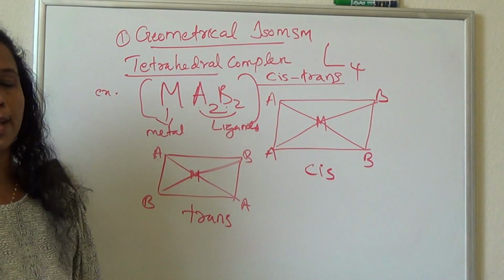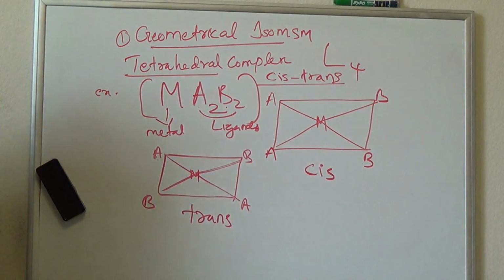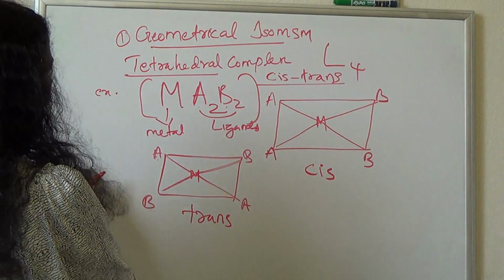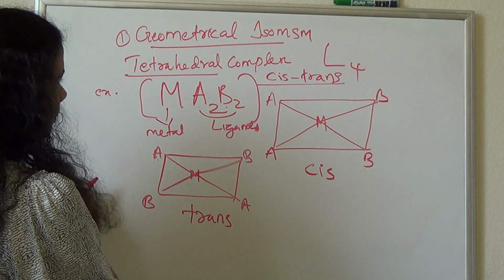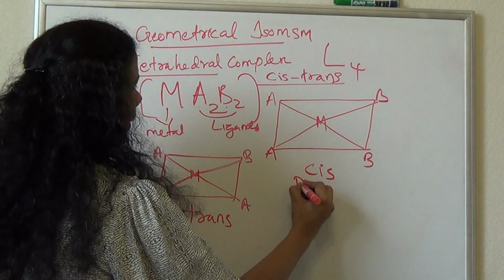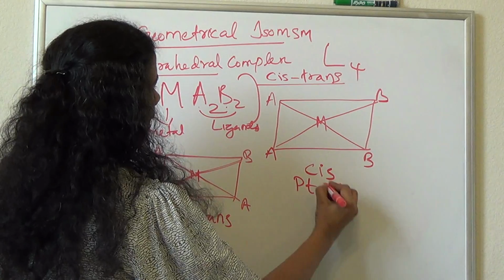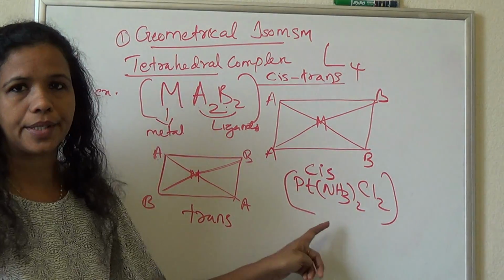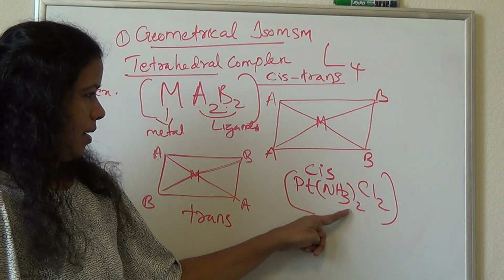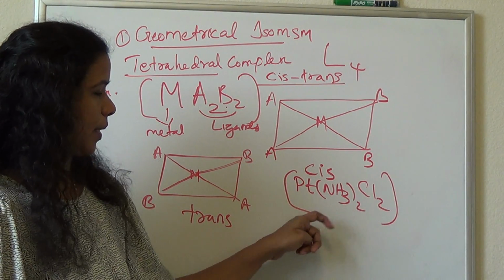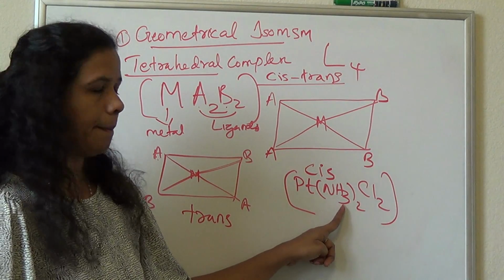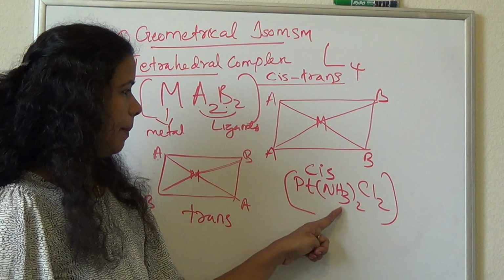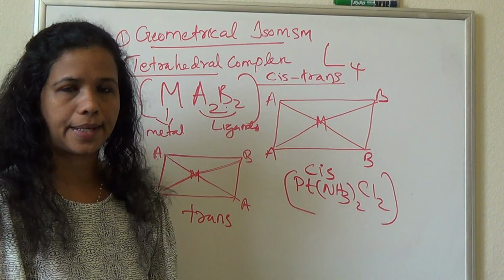A very good example is a medicine which is used for the treatment of cancer, that is called cisplatin. I will write the structure, that is Pt(NH3)2Cl2. How will you name this? Oxidation state is +2. Diamminedichloroplatinum.